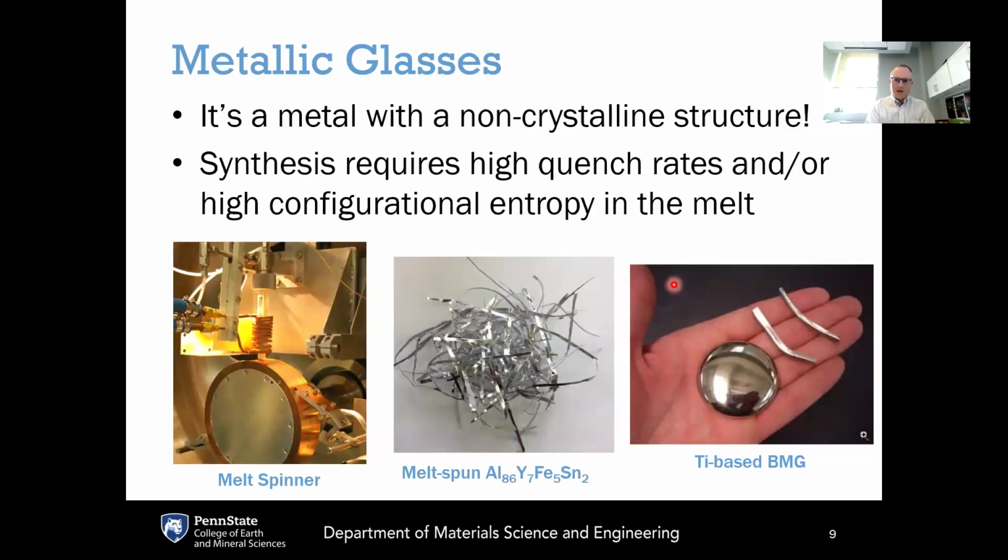Now, the next family of non-oxide glasses of interest are metallic glasses, also known as glassy metals. These are metals with non-crystalline glassy structure. I can't tell you how many times I've heard the question, are metallic glasses transparent? The answer is no, they are metals, so they are not transparent.